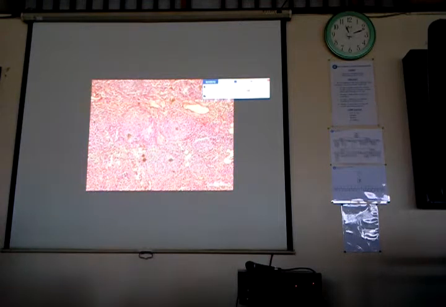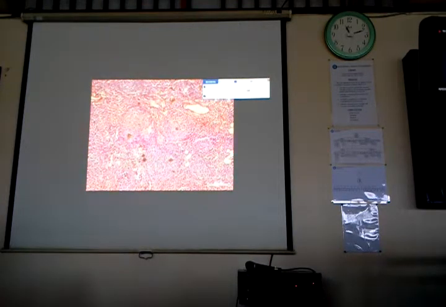So remember that the medulla is soft because it does not contain any follicle, and aside from that, what imparts that soft consistency of the medulla? There are blood vessels in the medulla. Okay? So we are now sure that we are actually looking at the medulla because of the presence of the blood vessels.